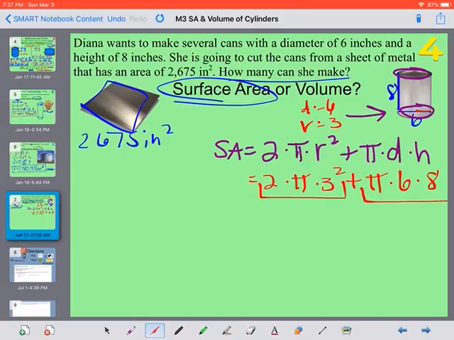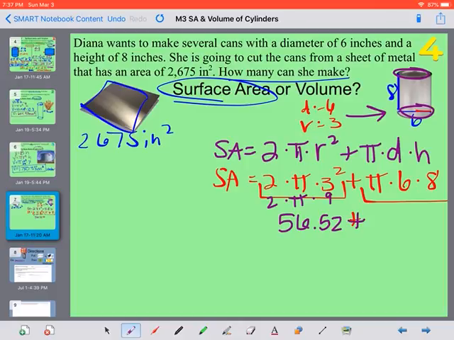We need to plug in each of these separately and then add them together to find our surface area. So 3 squared, 3 times 3 is 9. We could do some of this in our heads. 9 times 2 is 18. It's all multiplication, so it doesn't really matter what order you multiply in. We get 56.52. We get that answer quite frequently.